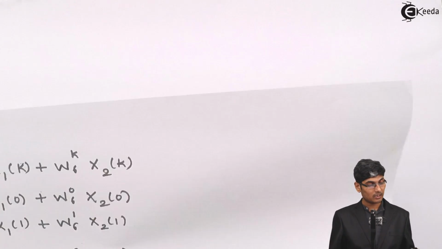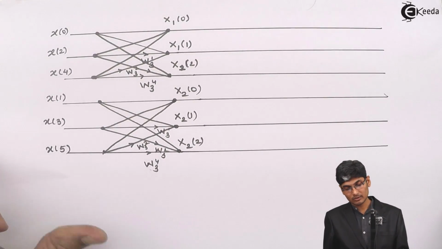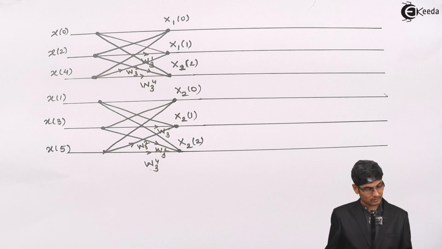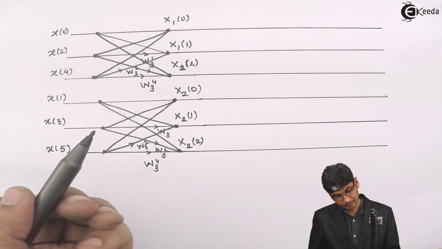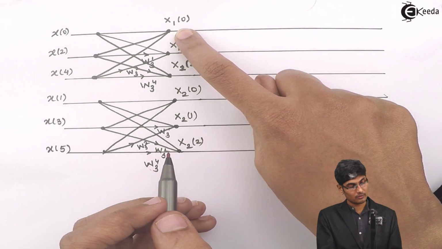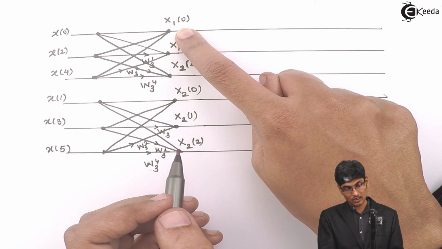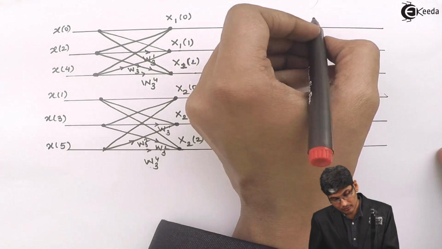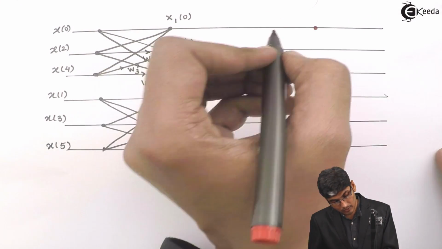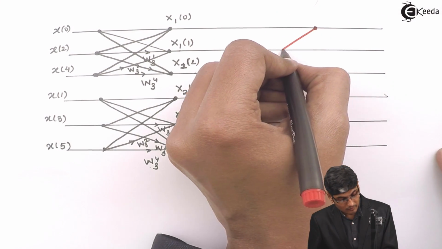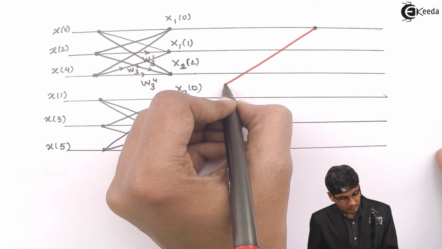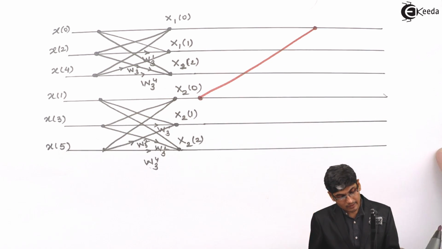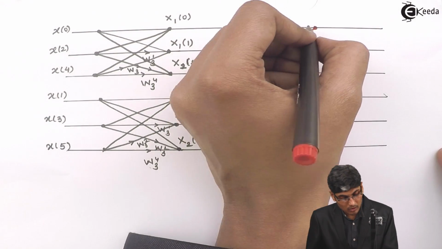Okay, let us draw the graph based on the equation. So the first equation is x1 of 0 added with x2 of 0.